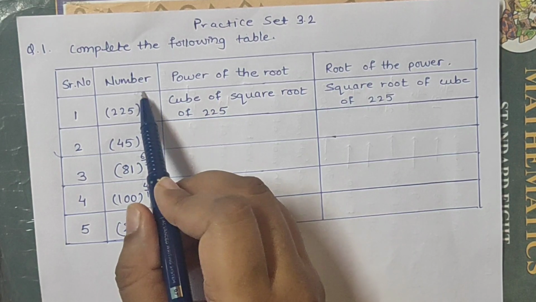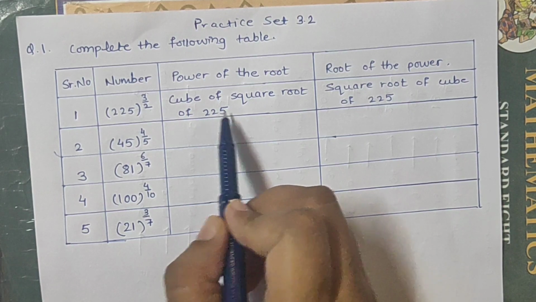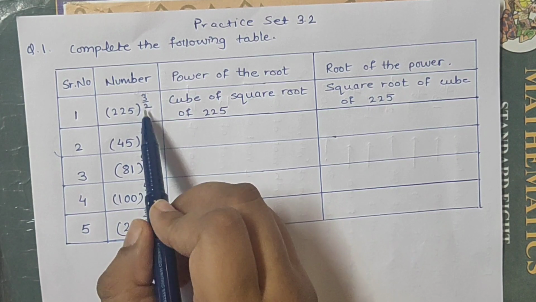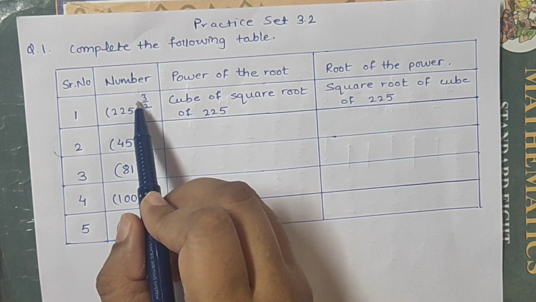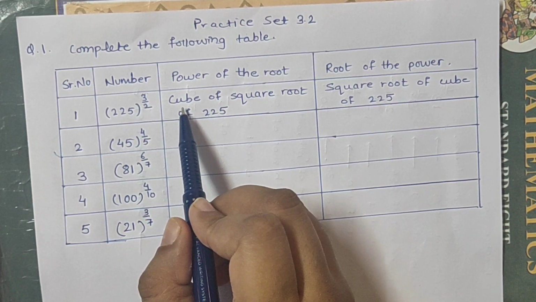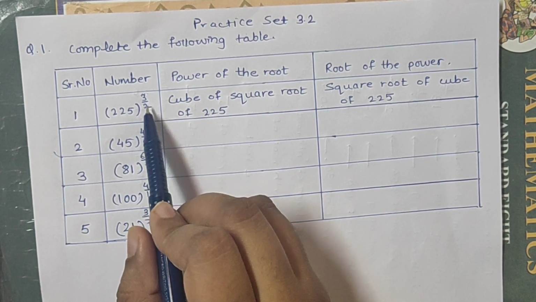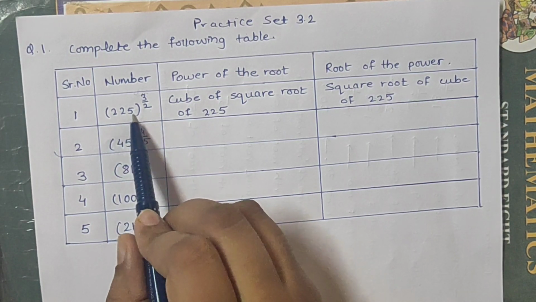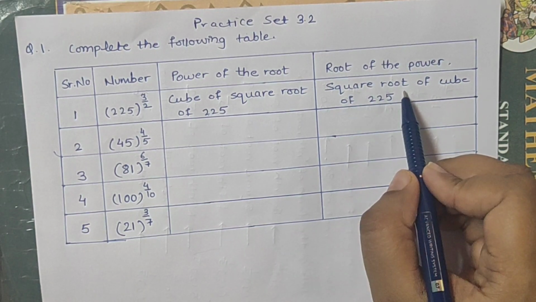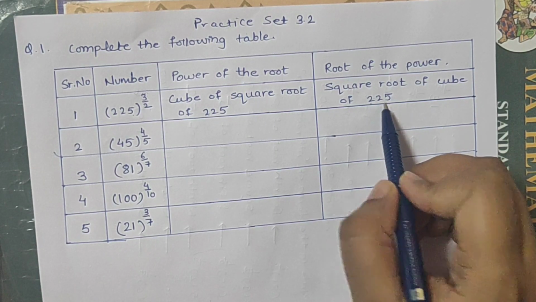So you will write cube of the square root of 225. You will see this power 3 upon 2. Power is 3 and another one power is 1 upon 2. So power of the root form is cube of square root of 225. Similarly, root of the power form is square root of cube of 225.